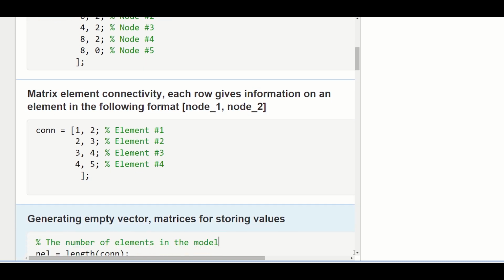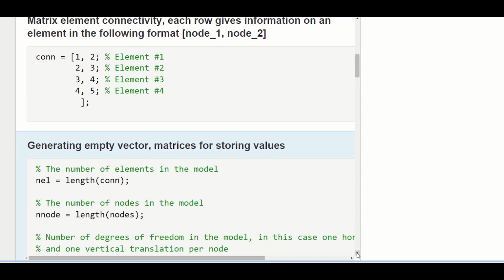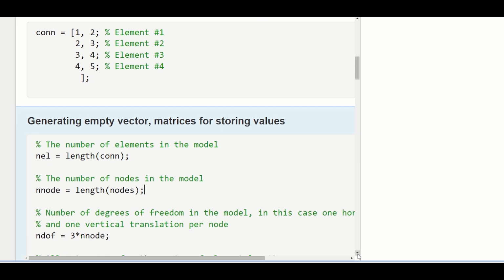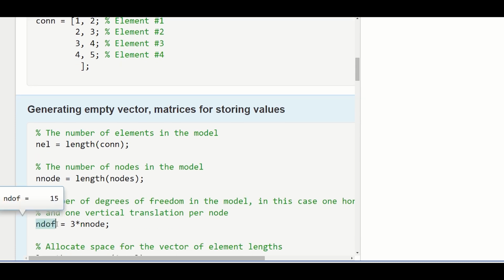And in this one, I'm generating some empty vectors and matrices for storing some values. So I am actually creating quite a lot of them. NEL is the number of elements, NNODE is the number of nodes in the entire structure, and NDOF is the number of degrees of freedom. Since in a frame structure you've got 3 degrees of freedom per node, you multiply the number of nodes by 3 to get the entire number of degrees of freedom.